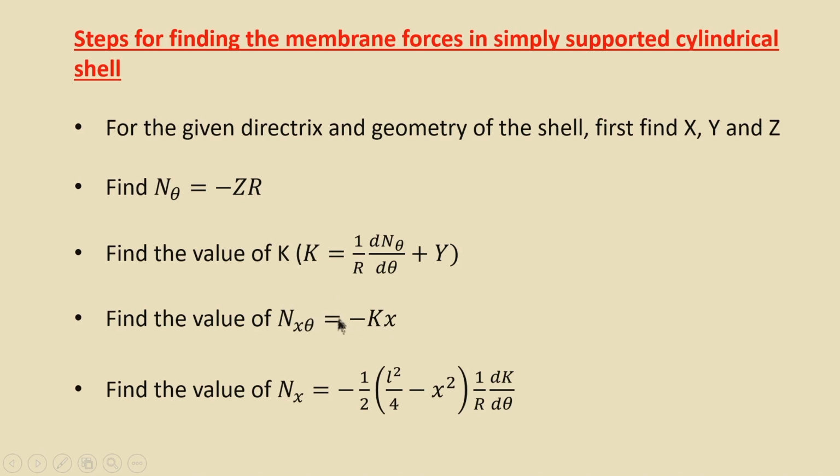Then after finding n x theta, find the value of n x, because n x depends on x. So, x can be fixed at any location, and k is already evaluated in terms of theta. Therefore, 1 by r d k by d theta can be calculated and n x is completely known.